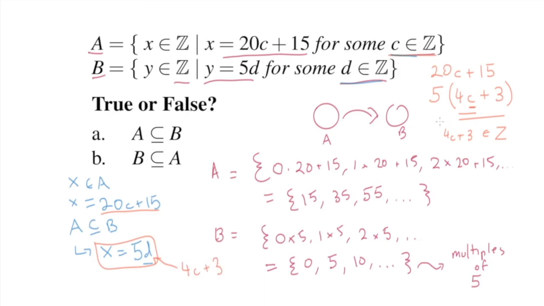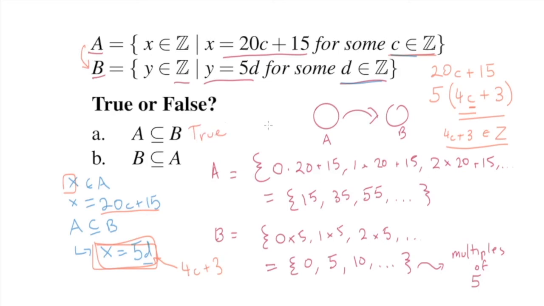And we know that 4c plus 3 is an integer, so it's true that x can be expressed as 5d, where d is some integer. That means that any value of x, if it's a member of A, can be expressed as 5d, which meets the condition of B. So for any x, if it's a member of A, it will also be a member of B. So this statement here is true.